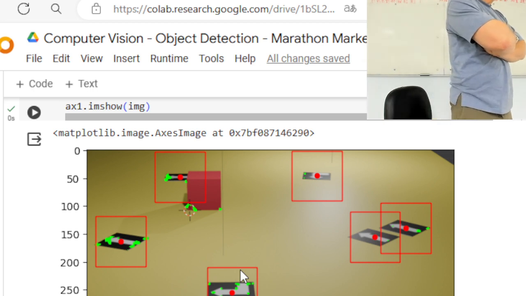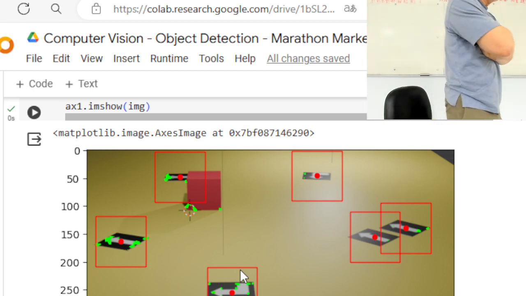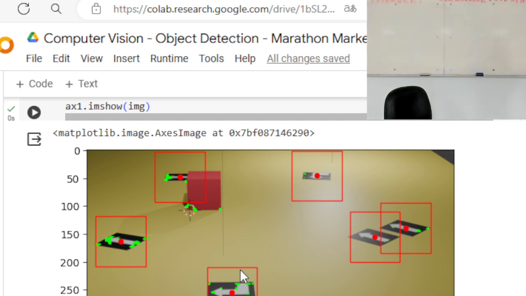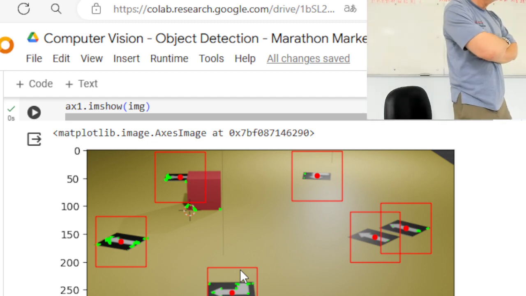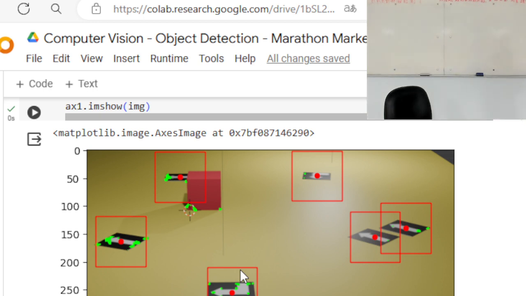Probably not likely if we have a real environment. So my feeling would be that there's really not that many corner pixels that we get out of the marker in order to be able to distinguish marker from not marker.